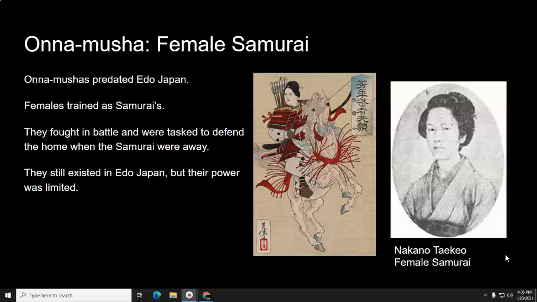The photograph that you're looking at is one of the last of these female samurai, and she was the leader of the unit of female samurai that fought in the very last war when the Edo period was overthrown and everything ended in 1868-ish. And she was killed during that war.